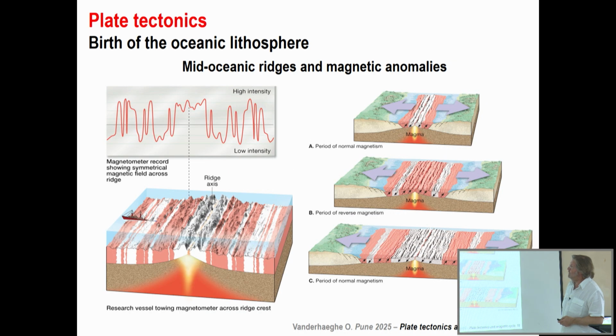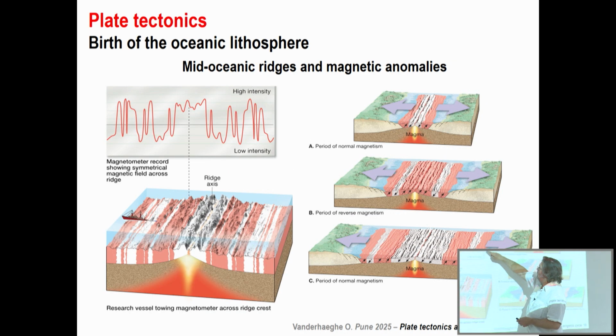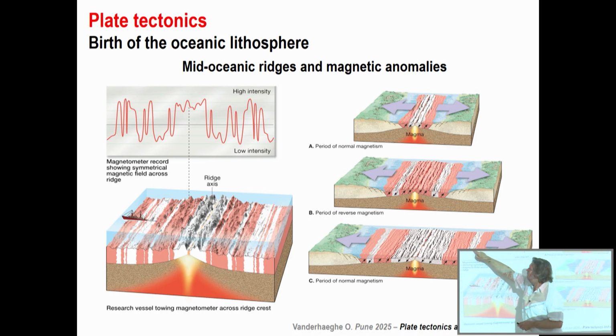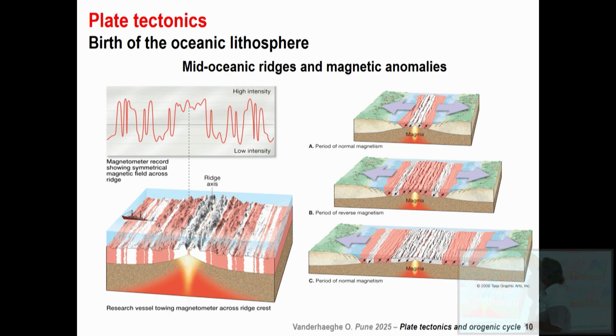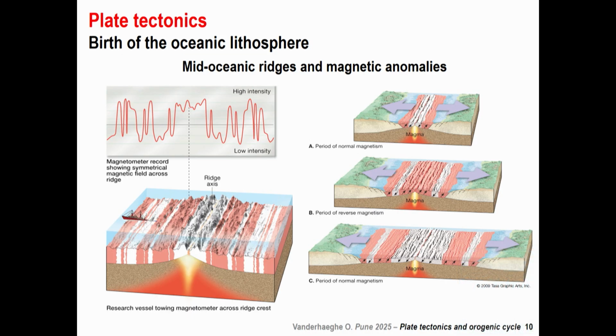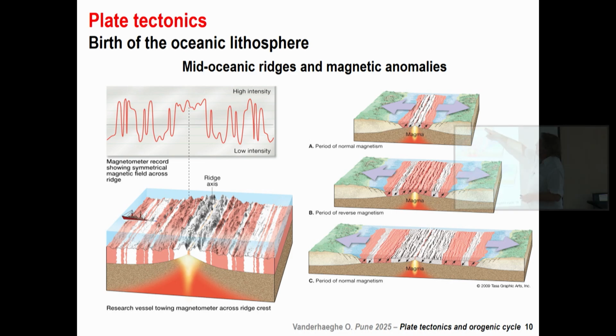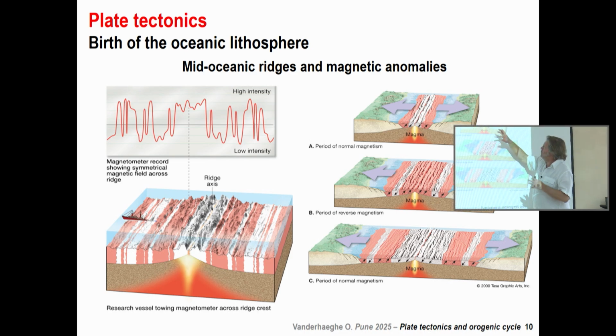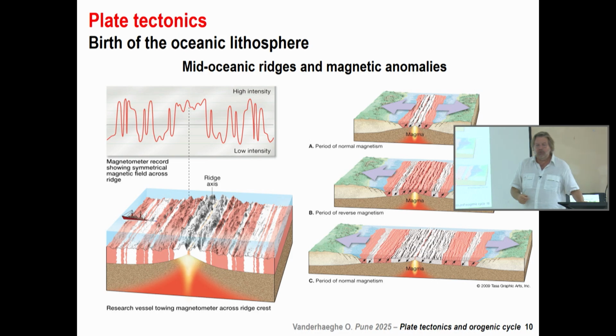They reproduced the average magnetic field, which I took from a general textbook, and there were some places where it was above or below the average magnetic field. That was interpreted as being related to the trapping of the magnetic orientation at the time of crystallization of the basalt that forms the ocean floor.